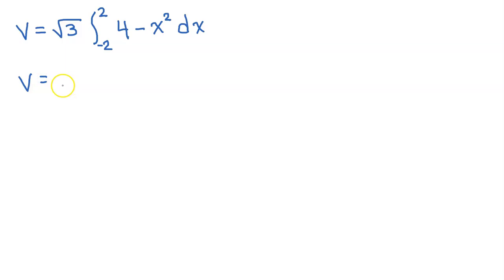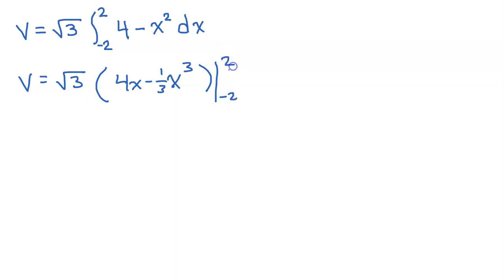As I integrate, I will leave the radical 3 out in the front. So the antiderivative of 4 is 4x. And the antiderivative of x squared is x to the 3rd power with a 1/3 in the front. And we need to evaluate from -2 to +2.